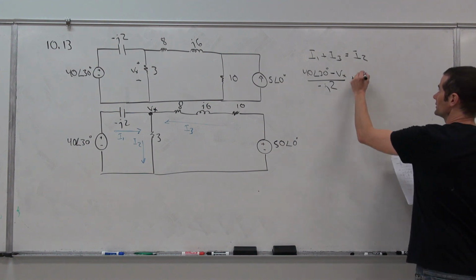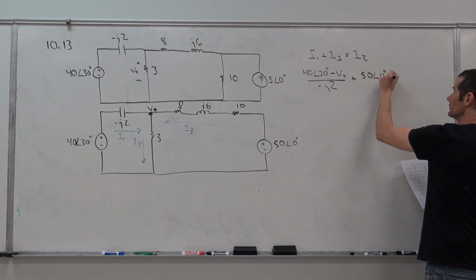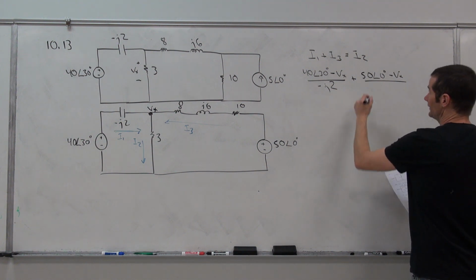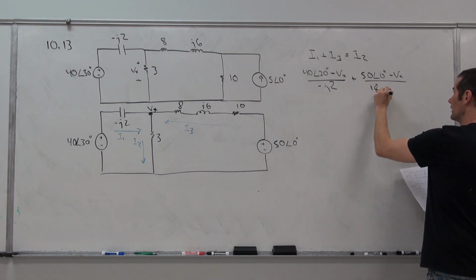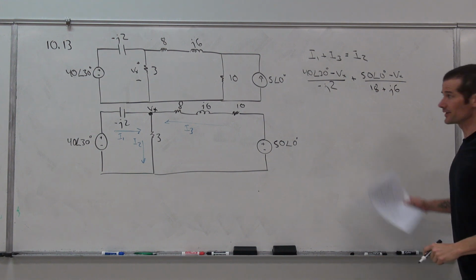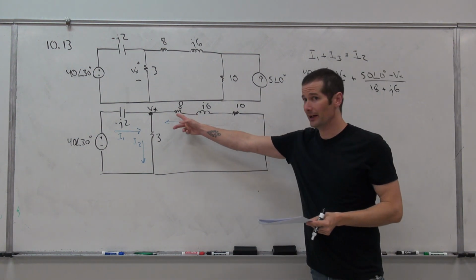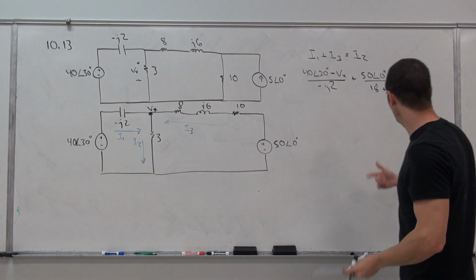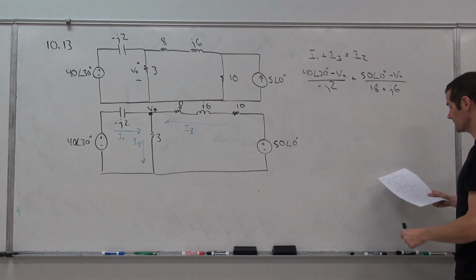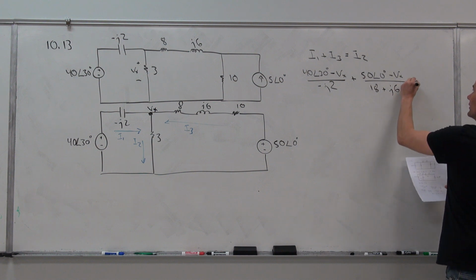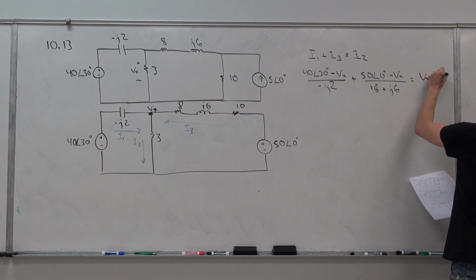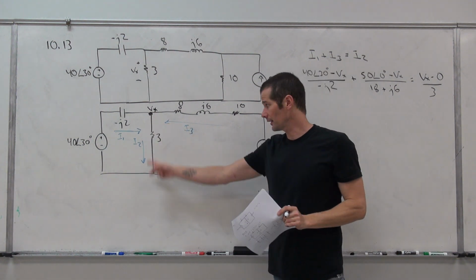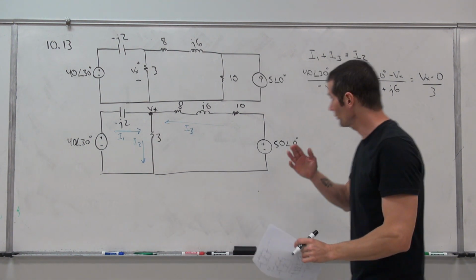So here we have 50 at an angle of 0 degrees minus Vx, and then over 18 plus J6, because here we have 8 ohms as well as 10 ohms, and that's in series, so we just add those. So add the rectangular values, plus J6. And then that's all equal to Vx minus 0 divided by 3. Current flows from the node Vx all to ground divided by 3 ohms.